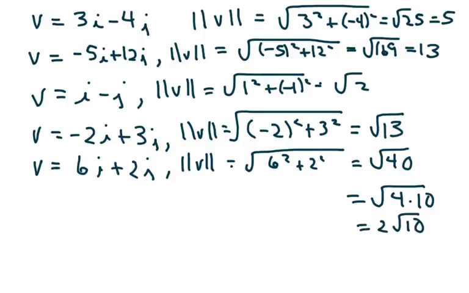Now we're going to do some combinations of everything, and do a few of those. So a little harder, but they're still pretty easy. What we want to do next is find 2v plus 3w. First of all, I need to give you the problems for this.